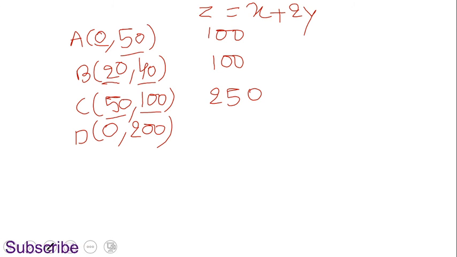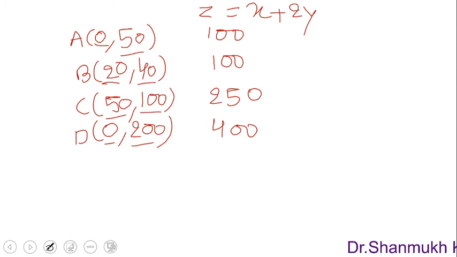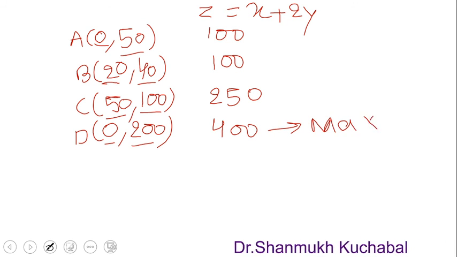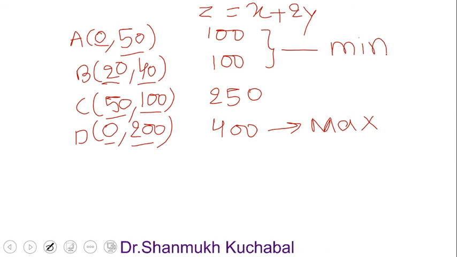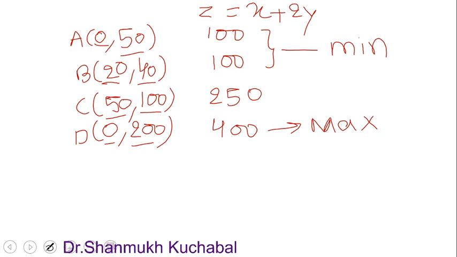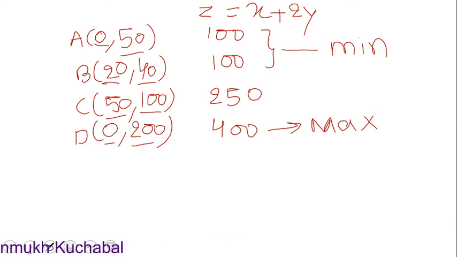Now we take x equal to 0, y equal to 200, and we get Z as 400. So we observe that this is the maximum value and these two are the minimum values. So using linear programming we have calculated the minimum and maximum values.